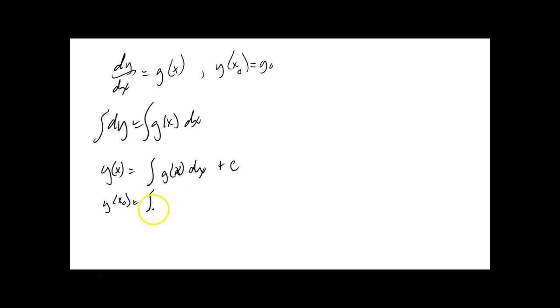It would be the integral from x sub 0 to x of g of t dt. Now, that's always seemed bizarre to me. But you see, for this to be a function of x, we have to have x in the problem and not here. So you just use a dummy variable here, and then plus c.